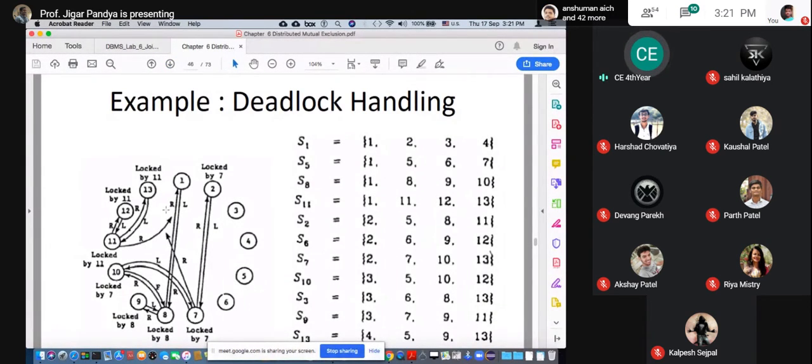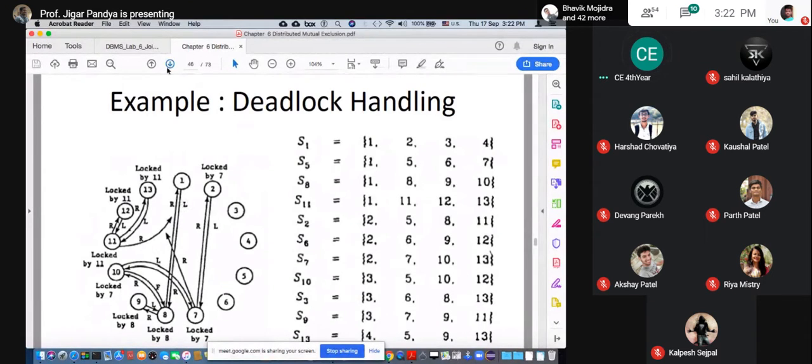But these are message passing, so messages might be delayed based on the network and other traffic, etc. So we expected that site 1 would have given the reply to 11, but that didn't happen. Site 1 actually gave the reply to site 8. So this L is actually the acknowledgement, like the lock part.